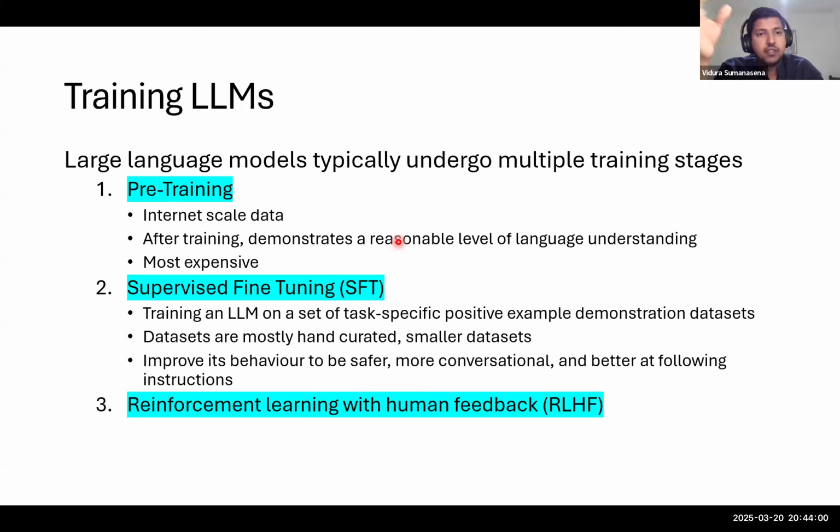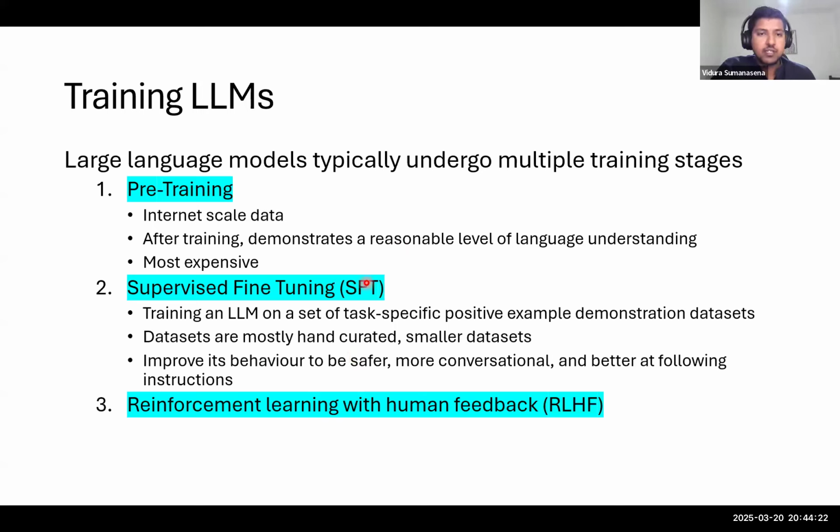So this is where the pre-trained model learns how to behave as a helpful assistant. It will make the behavior safer and more conversational, with better instruction following. You might have seen models like 7 billion instruct.